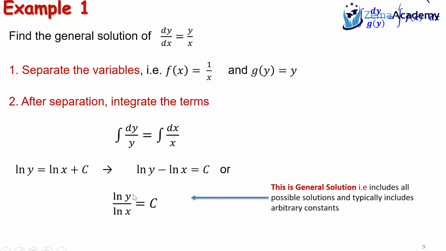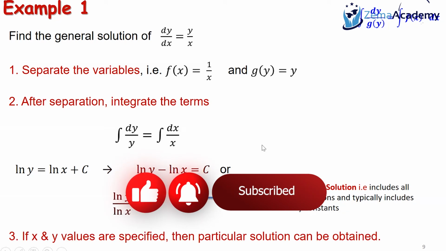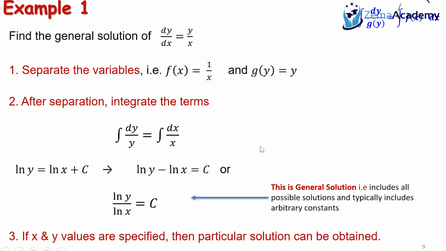What I can do is replace this value of c in this equation. So when I replace this value of c, my answer will become log y minus log x plus log y over log x.